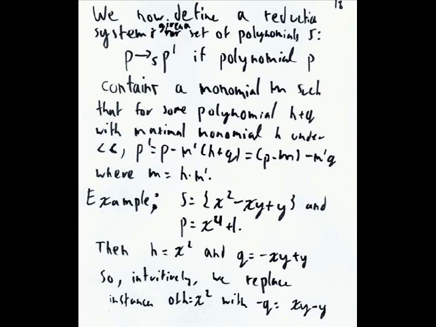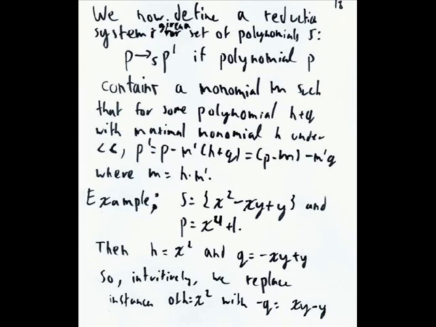So that's h equals x squared, and we also know that q equals minus xy plus y, because that's the remainder of that term. Intuitively, what we do is we set x squared minus xy plus y equals 0 and solve for x squared, and that gives us a lower polynomial in the ordering.